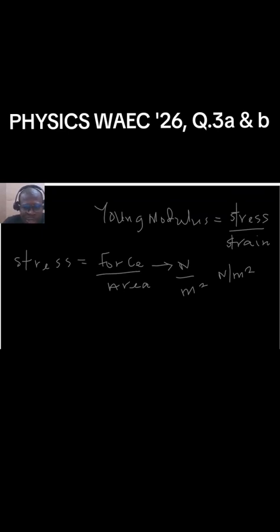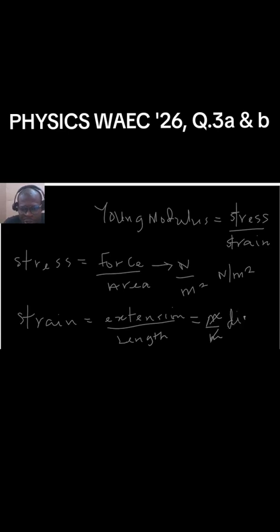So then secondly, we also have the tensile strain. So the strain is extension divided by length. So as a result, this is going to be meters over meters. That will cancel out. So strain is actually dimensionless.